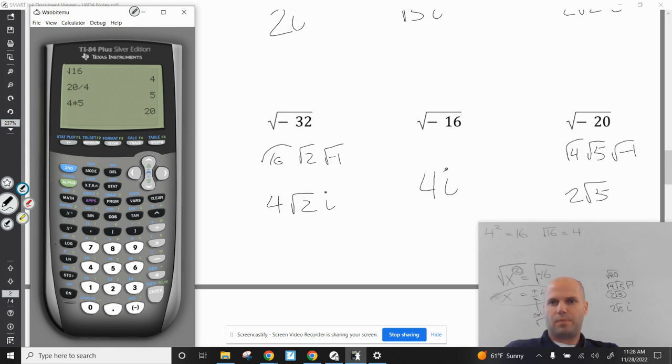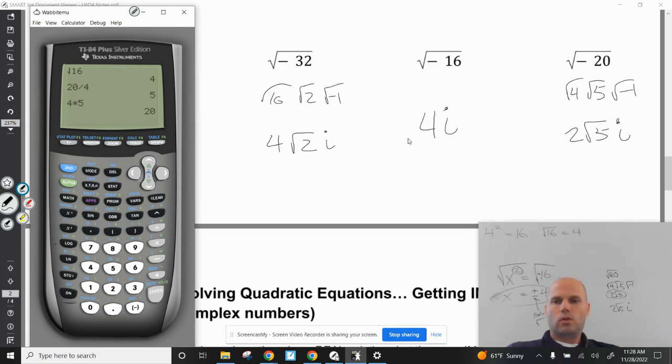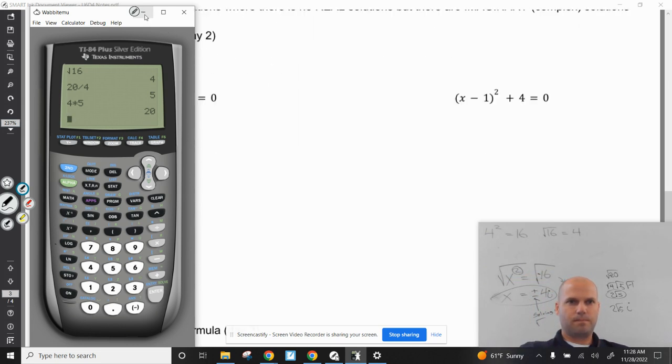Square root of 5 cannot be simplified. It's ugly. 2 root 5 i. Okay? Cool. So we're going to have solutions that look like this, that are going to be plus or minus 4i, or plus or minus 2 root 5i. These are our solutions, okay?